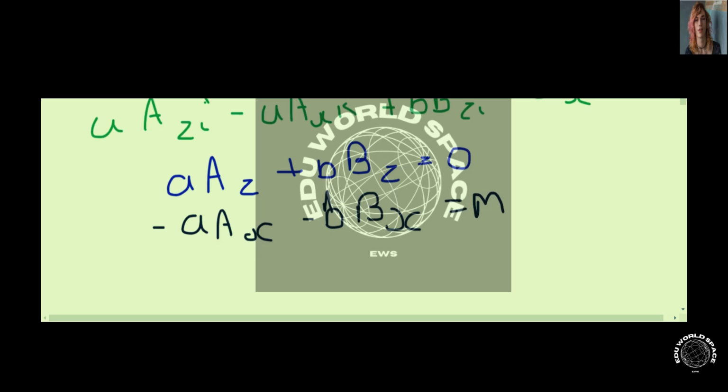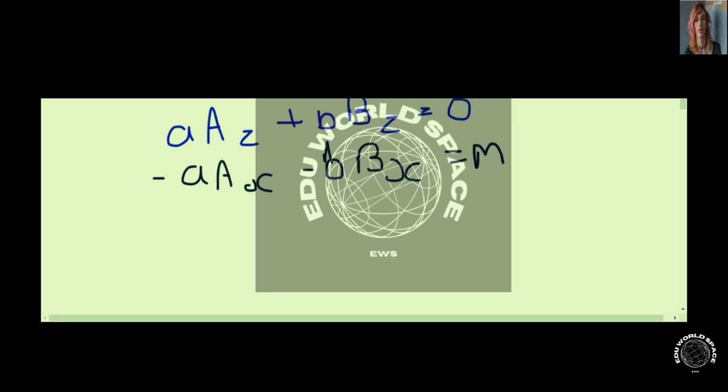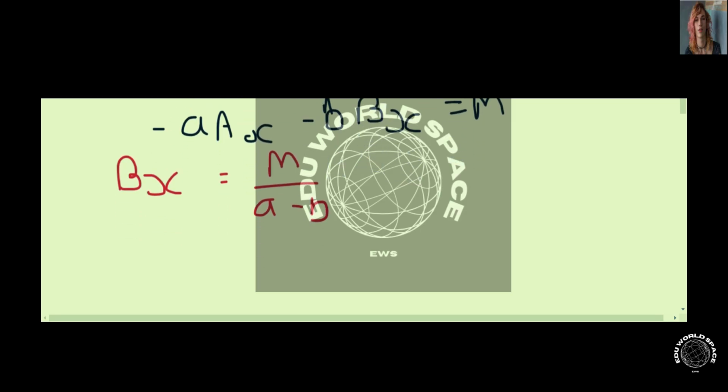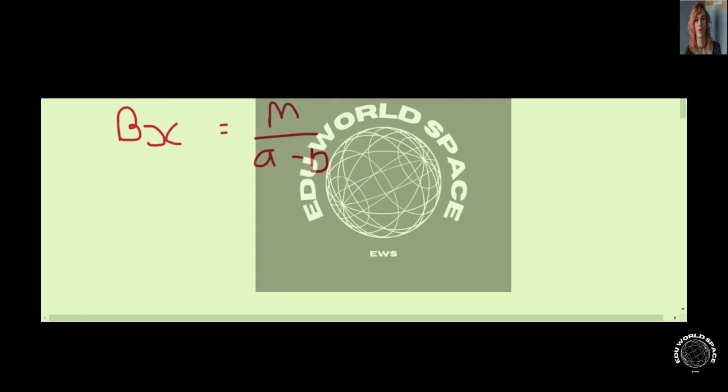So we will get Bx is equal to M upon a minus b, and from this we can write Ax is equal to minus M upon a minus b.